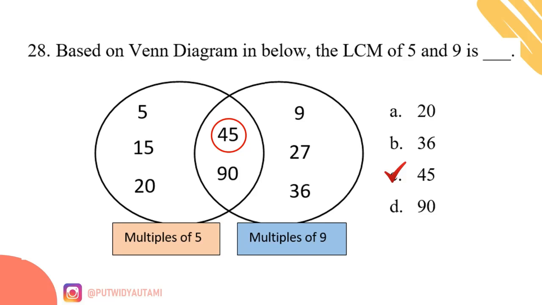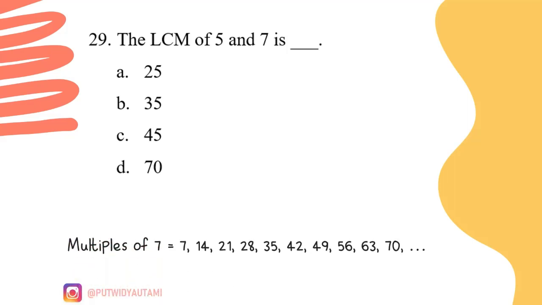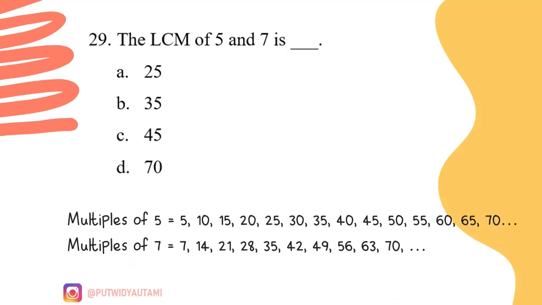Now is 29. The LCM of 5 and 7 is, well, let's write the multiples of 7, here we go, and the multiples of 5. And the least common multiple of them is, yeah, 35.